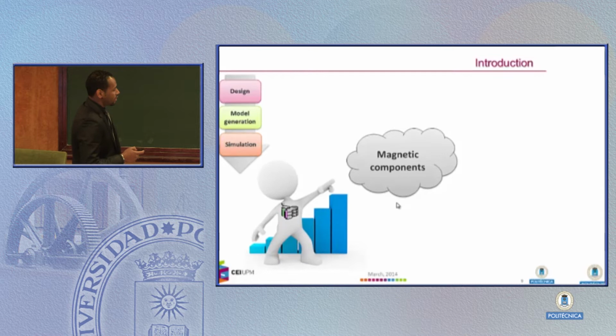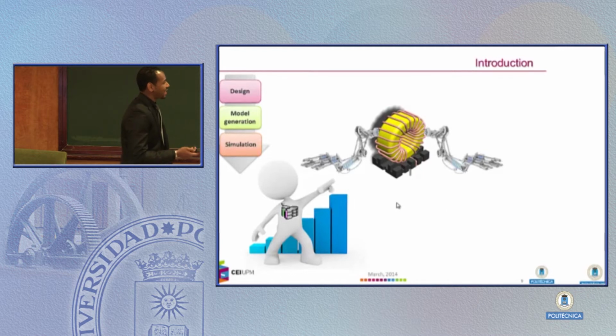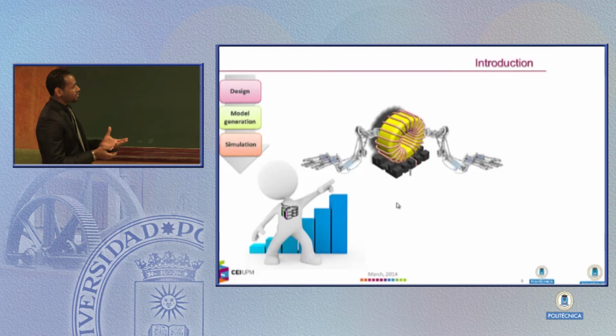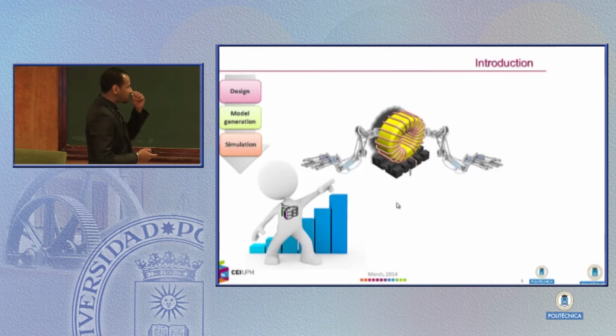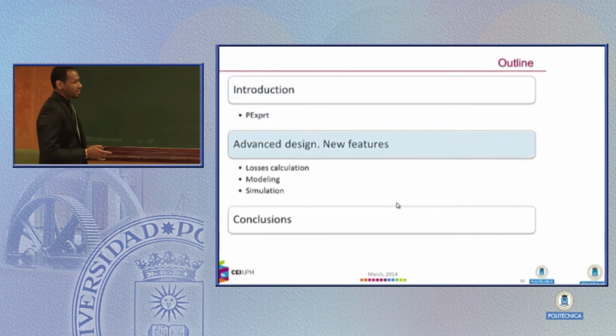Now, this tool can help the designer to get very robust designs that might be the key, for example, to open the gate of more efficient systems. But now we have an idea about what PSPR is.